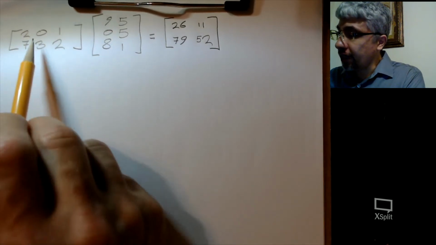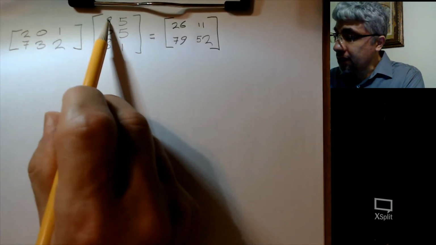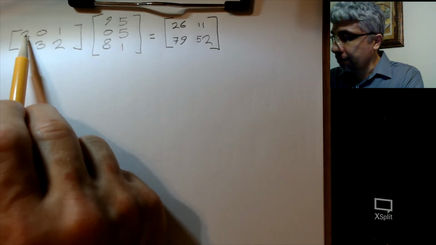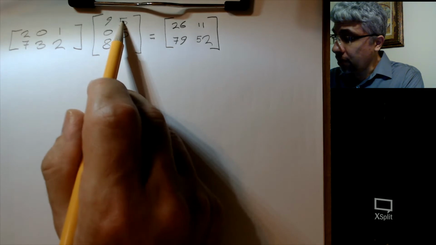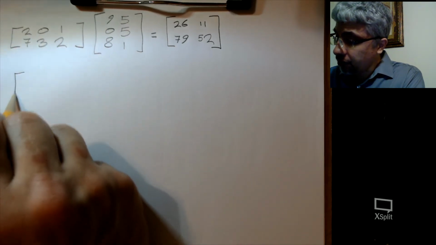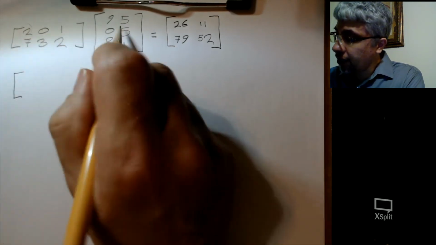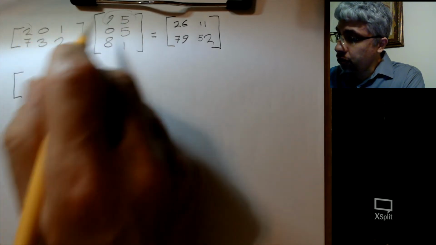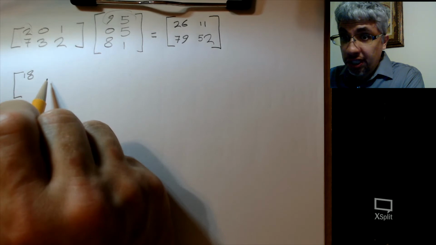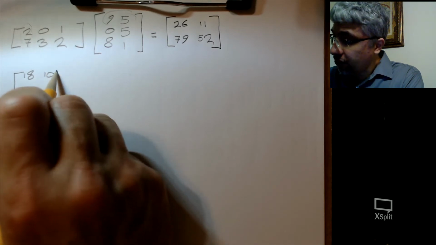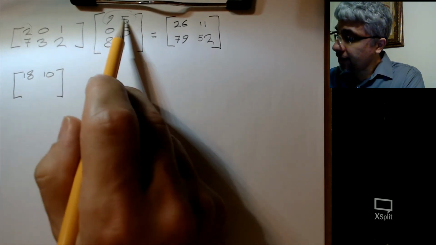Now, the next way is I take the first column times the first row. I'm looking here and here. So I get 2 times 9, which is 18. Remember, we do the addition at the end. 2 times 5 is 10.